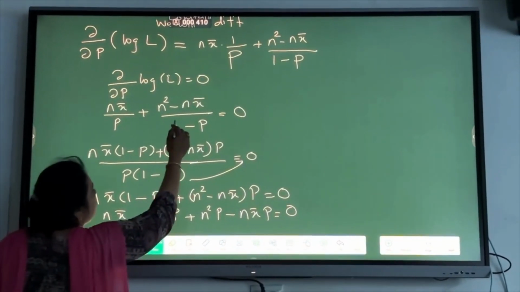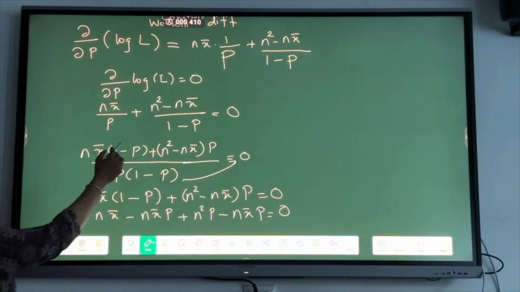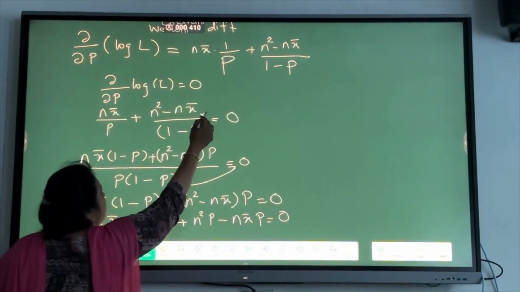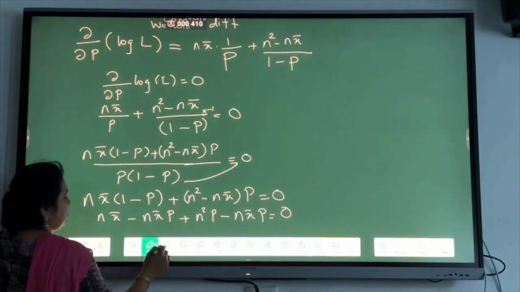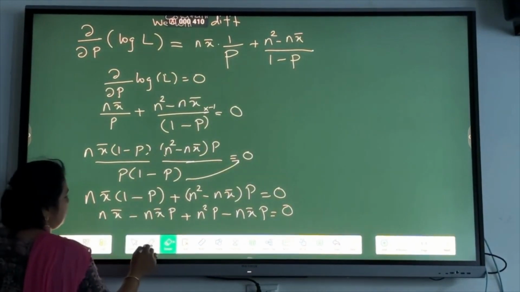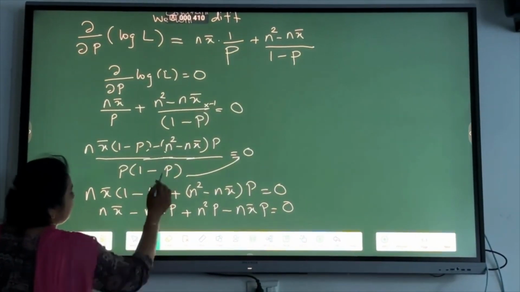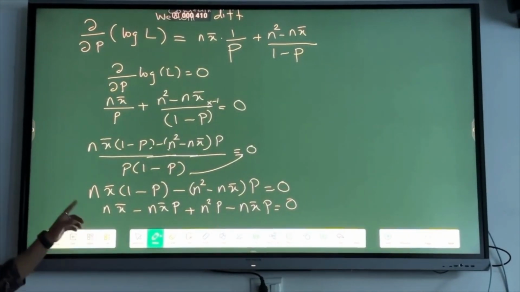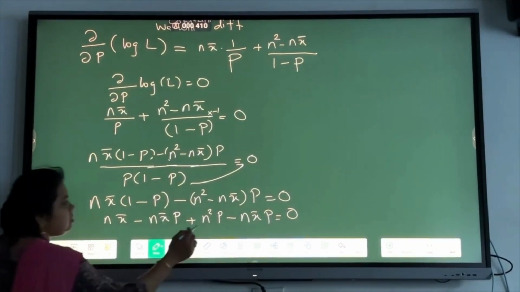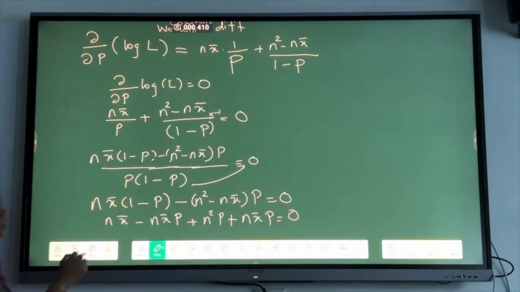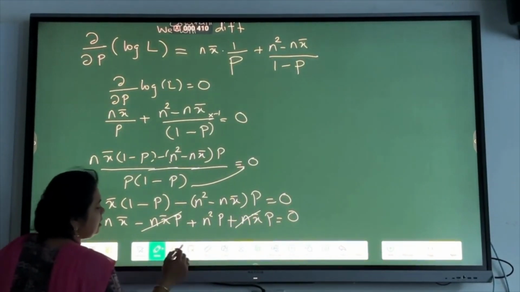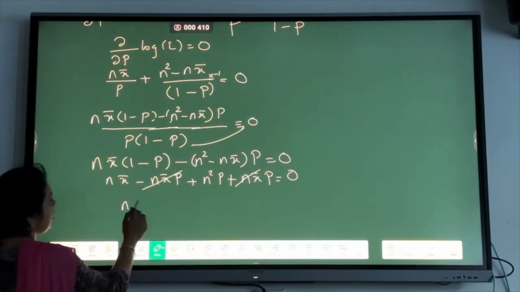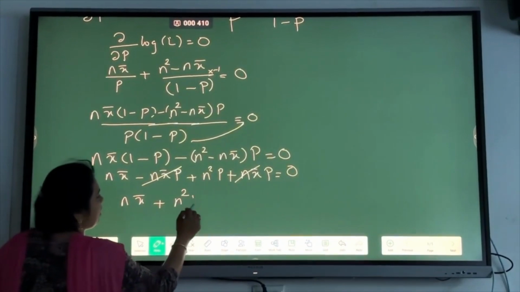Here we have to do it with respect to P. So you get a negative value, minus P, minus 1, into minus 1, so you will get minus here. Here also you get minus, because we are differentiating with respect to capital P. So this term will become plus. So all this will get cancelled, and you will get nx bar plus n square P equal to 0.